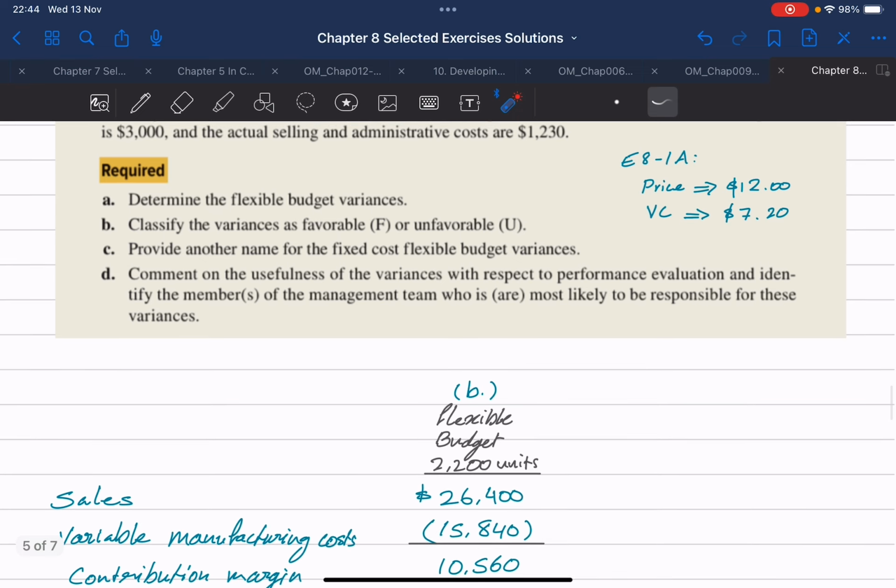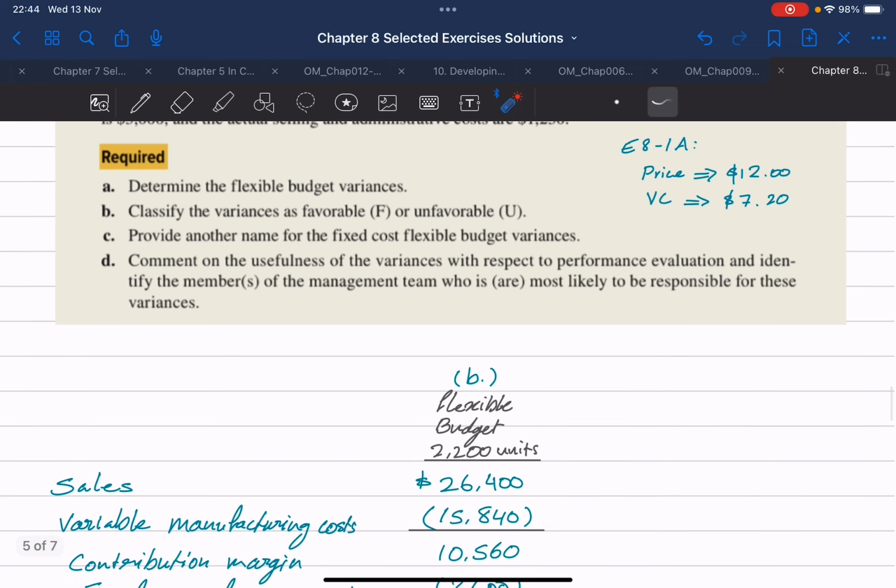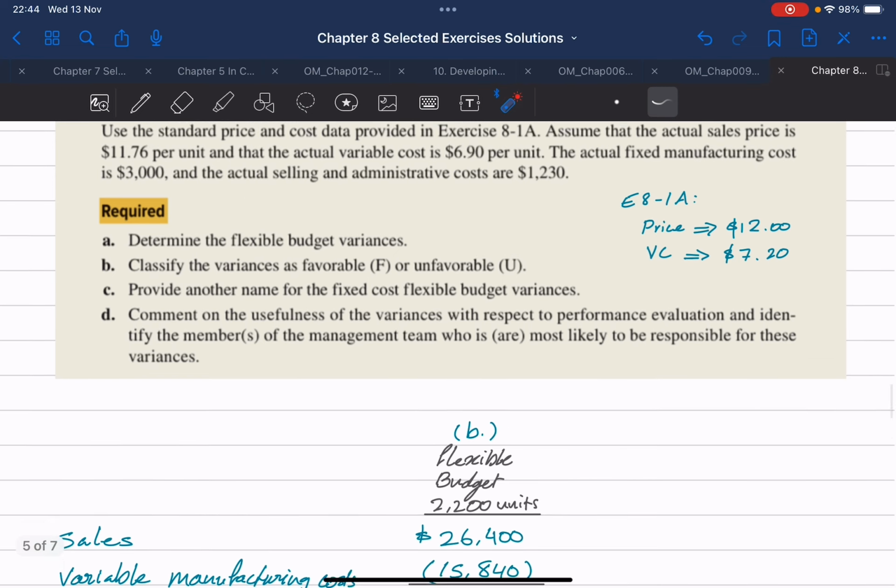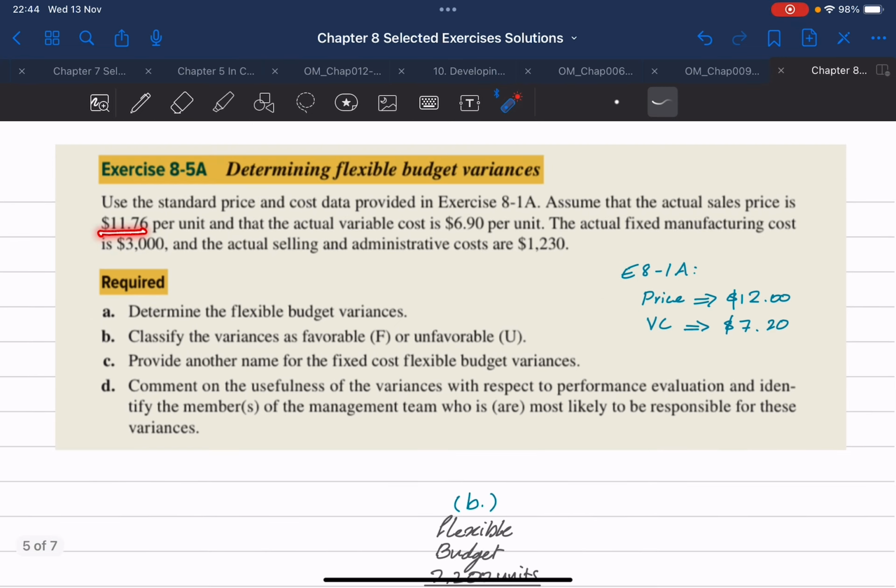So now what we need to do is create another actual budget based on the variances that we have in the price per unit, so from $12 to $11.76, and in the variable cost from $7.20 down to $6.90, and also the changes that occurred in the fixed manufacturing costs.